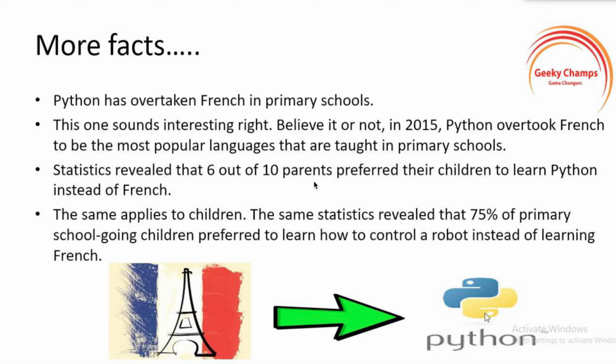Now, because of Python, students, children and their parents obviously are more inclined to have their children learn Python. Yes, 6 out of 10 parents think that my child should learn Python instead of French. So this is a real fact which has come in front of us. Python has overtaken this popular language in primary schools.